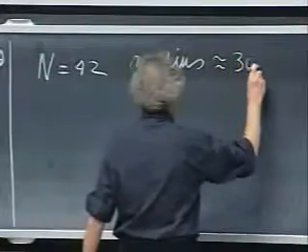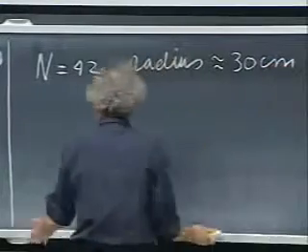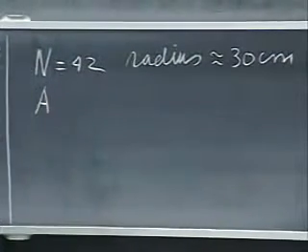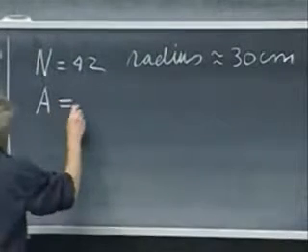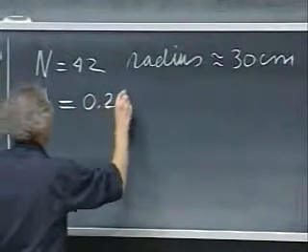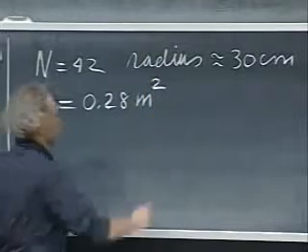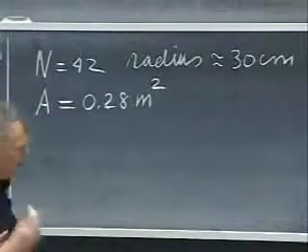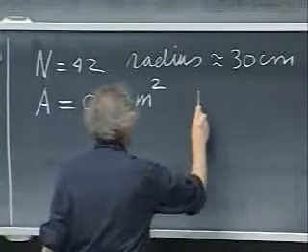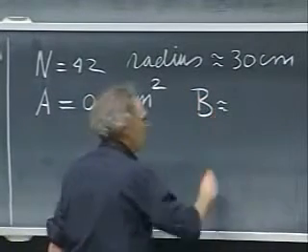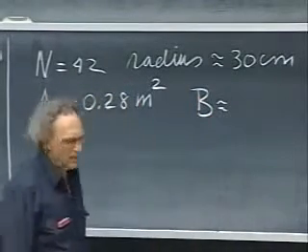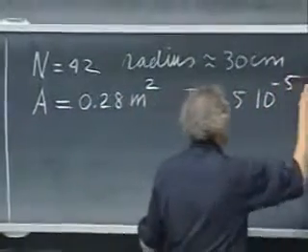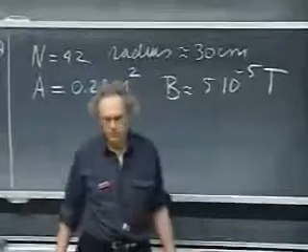It has a radius, I think it's about 30 centimeters. Here you have it. So the area, pi r squared, which is my capital A, is about 0.28 square meters. You may want to check that. I use the Earth's magnetic field, which is about half a Gauss. So that's about 5 times 10 to the minus 5 Tesla, if we work in SI units.